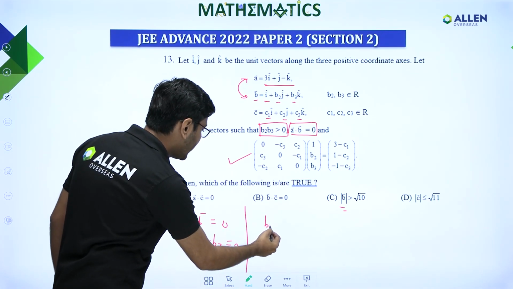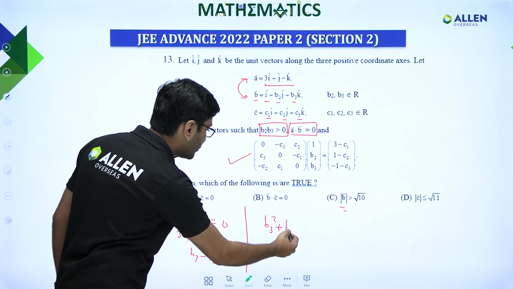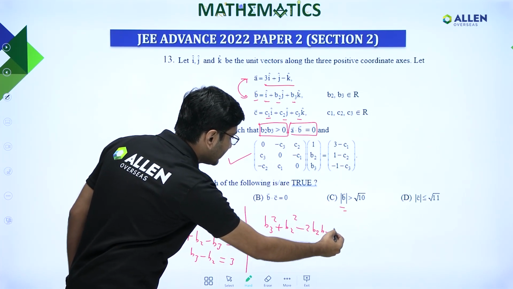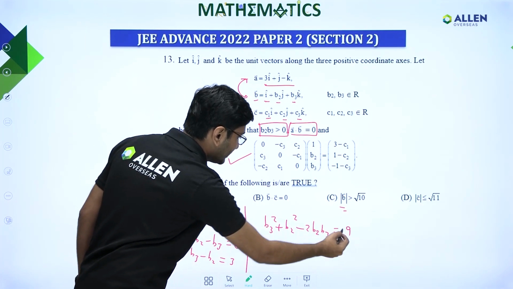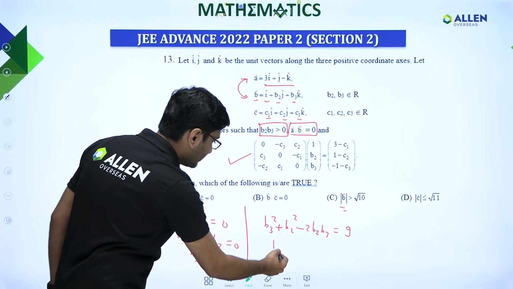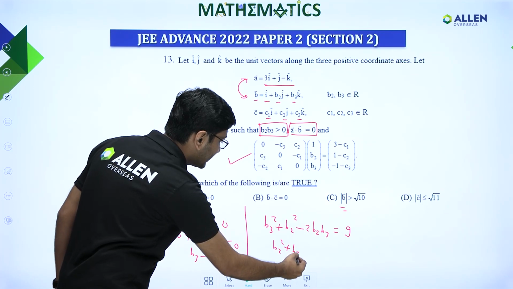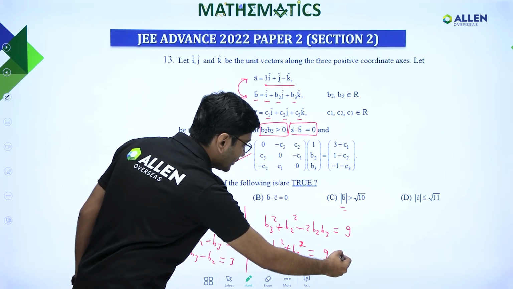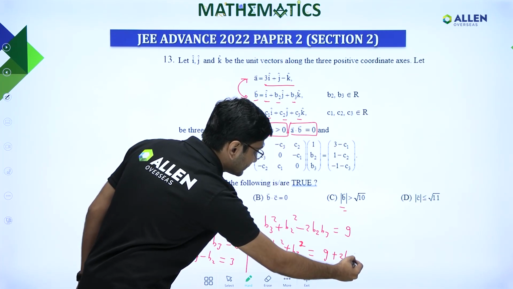So, this will give me b3 square plus b2 square minus 2 b2 b3, which is equal to 3 square, that is 9. So, I will get b2 square plus b3 square equal to 9 plus 2 b2 b3.